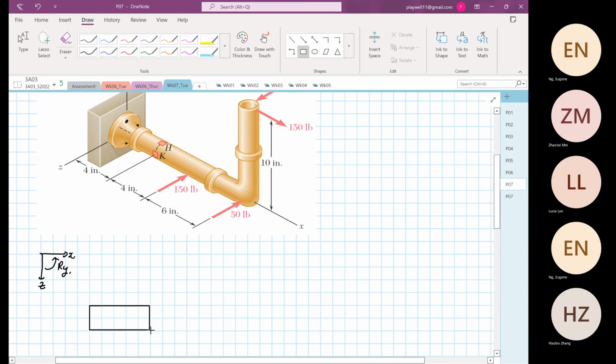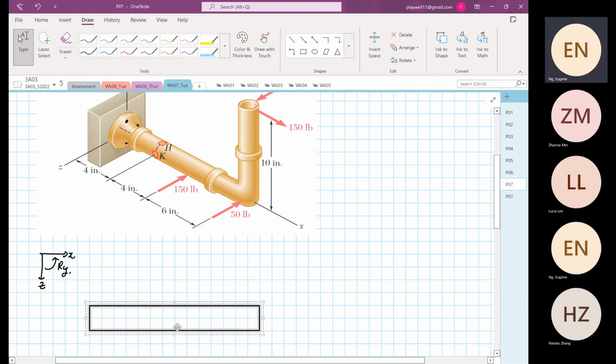4, 4, 6, and then you have a circle. Okay, you have a circle at the top. Just a sketch, okay.